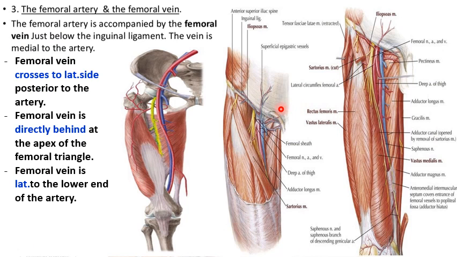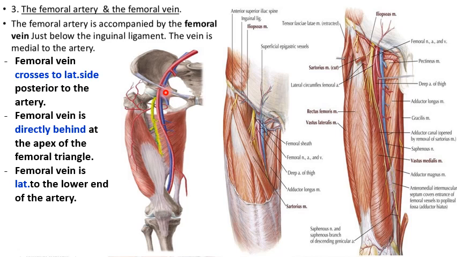Now, how is the femoral vein related to the femoral artery? So, the femoral vein continues from the inguinal ligament as external iliac vein, right? So, this femoral vein is just medial to the femoral artery beyond the inguinal ligament.